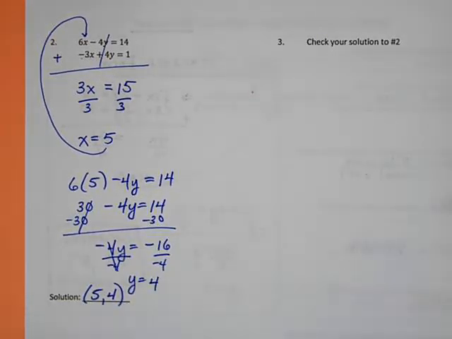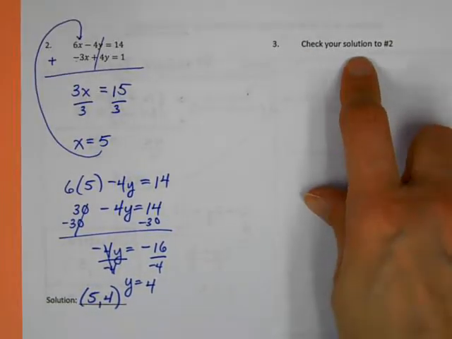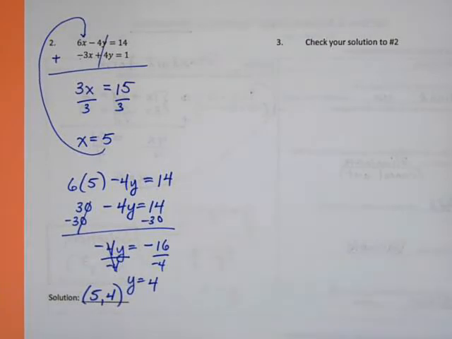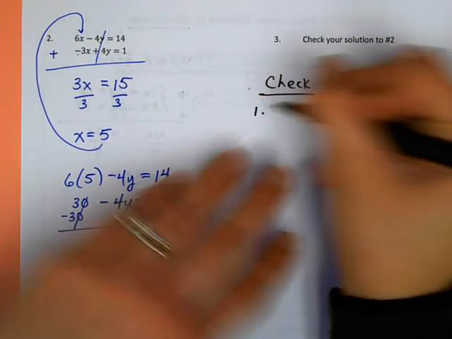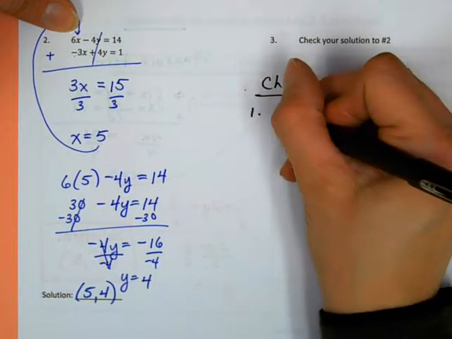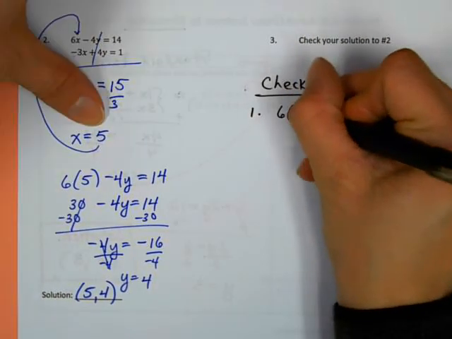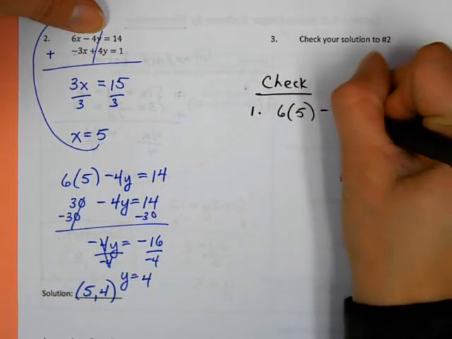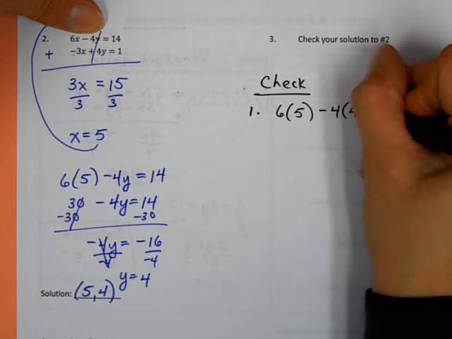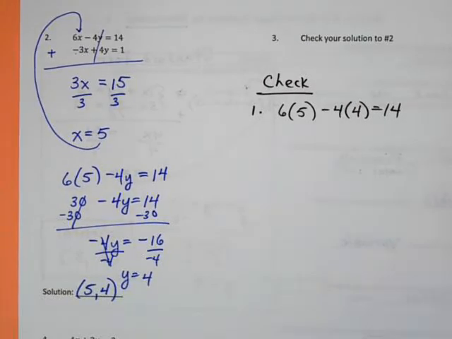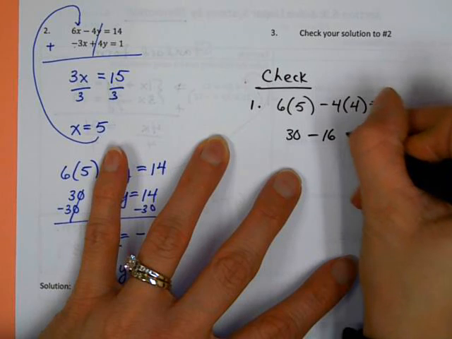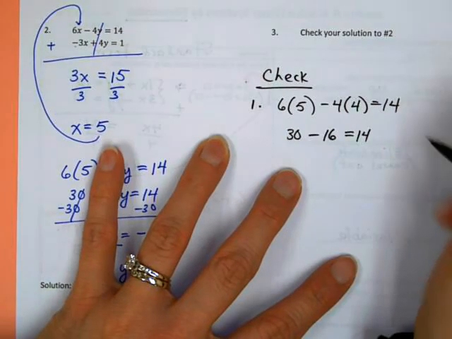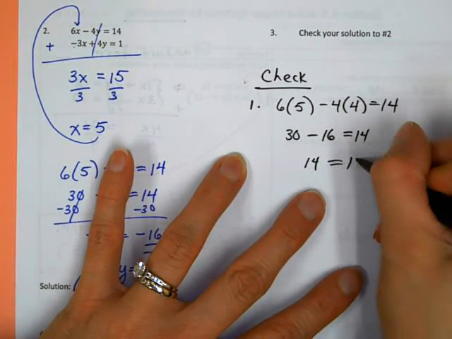Okay. And number 3 wants us to check our solution for number 2. Okay, so we're going to check into the 2 equations. So let's check the first equation. 6 times the x. The x number is 5 minus 4 times the y number, which is 4. Does that indeed make a 14? Let's see, does 30 minus 16 make a 14? 14 does equal 14.